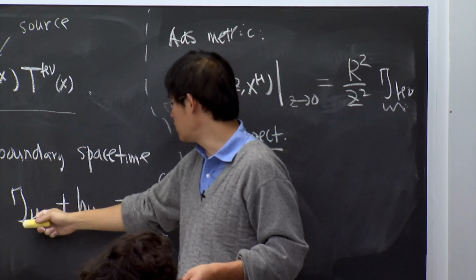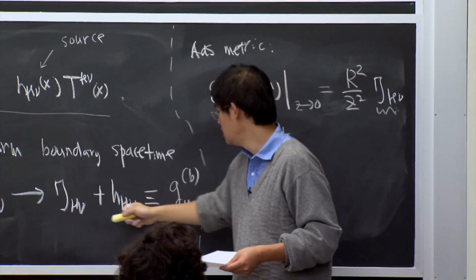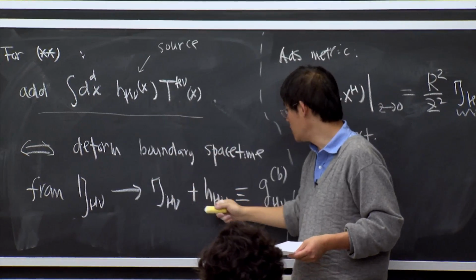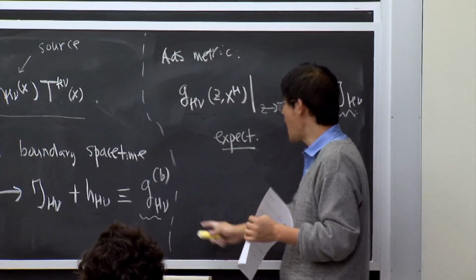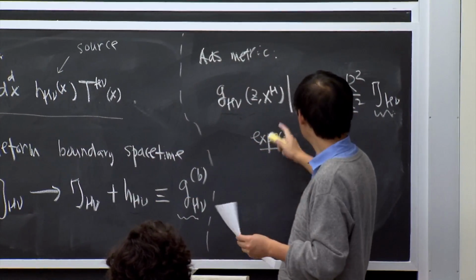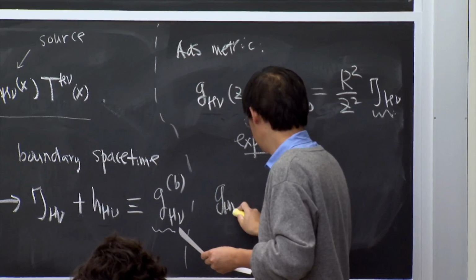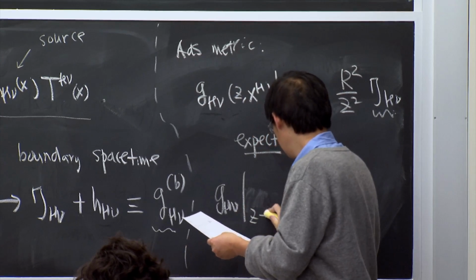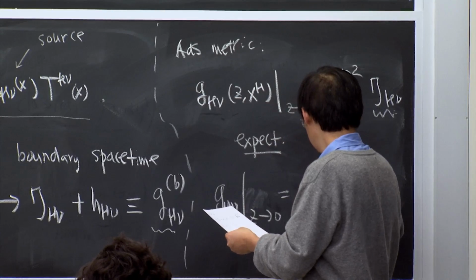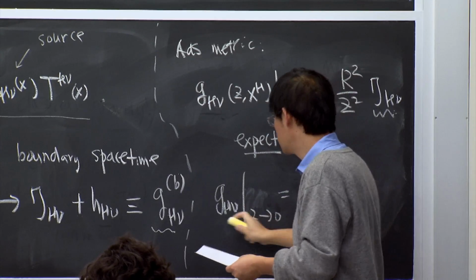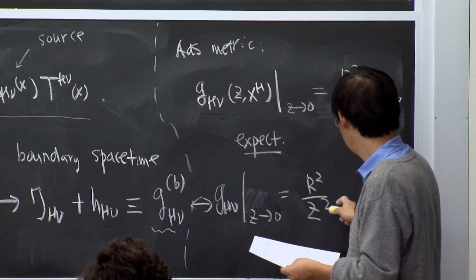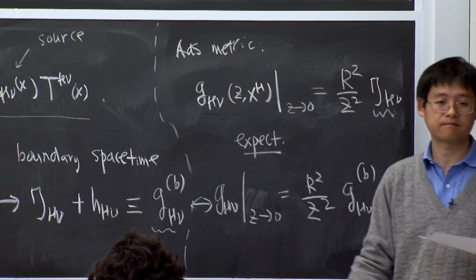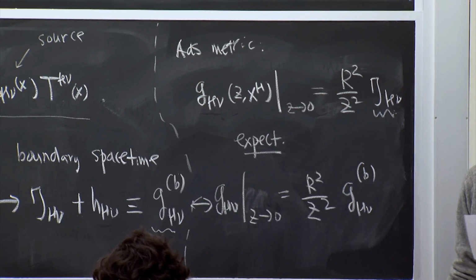Since adding this term corresponds to deforming the boundary metric, we expect that when we add this term, it corresponds to deforming the g_mu nu at z to 0, so we expect this to become equal to g_mu nu^b.